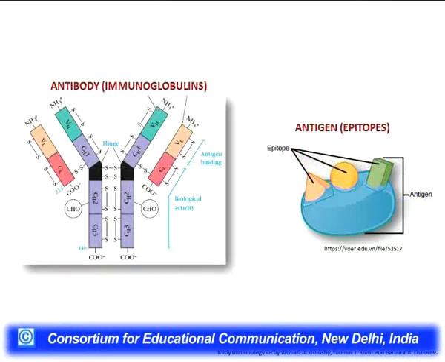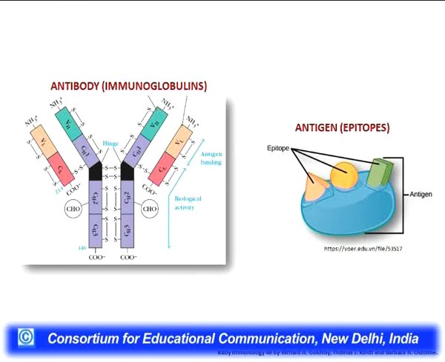So before starting, let's come to what exactly an antibody is. An antibody is an immunoglobulin which is made up of protein. We discussed it yesterday. It has two chains, one called a heavy chain, the other a light chain. The heavy and the light chain on the N-terminal region contain a region called the variable region.